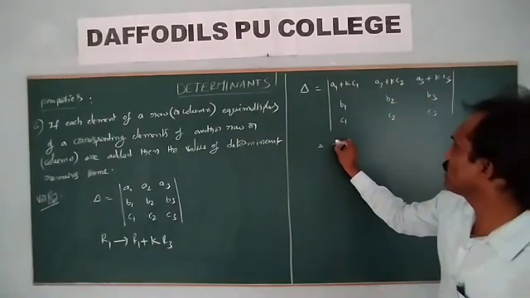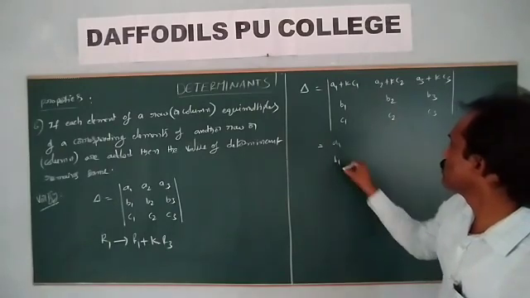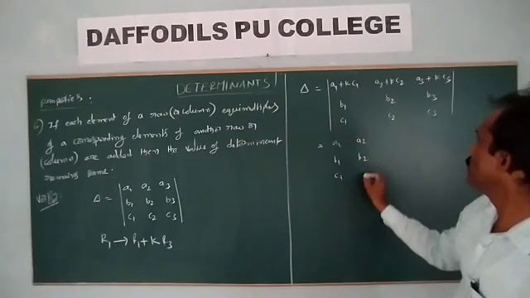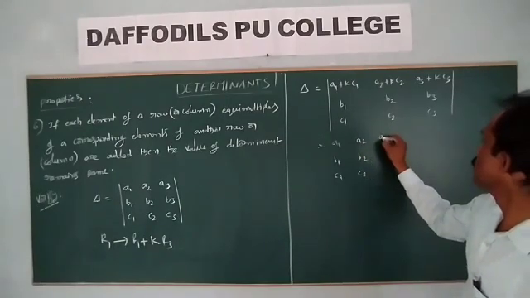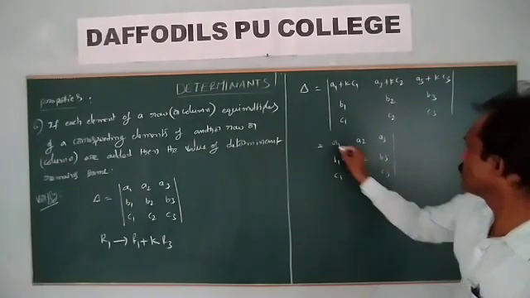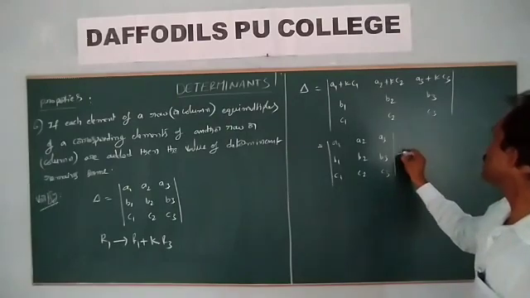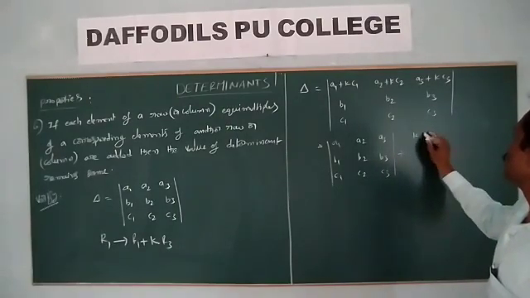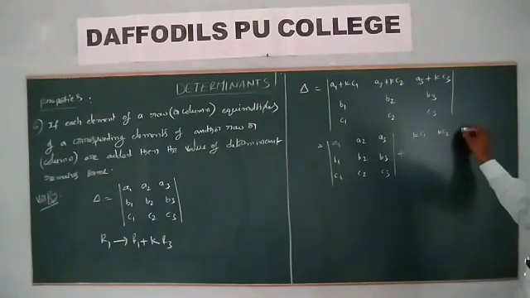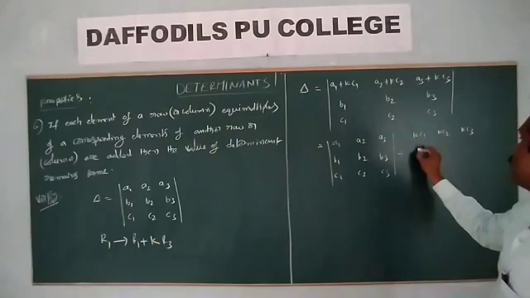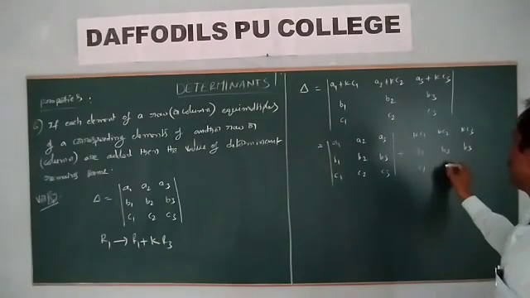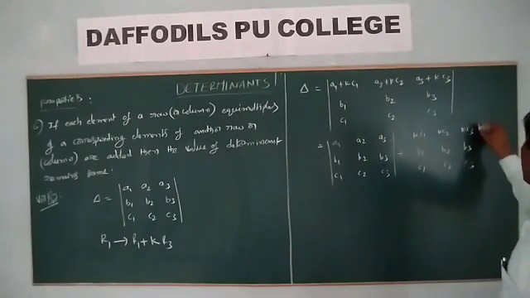Using the fifth property, you can write A1, B1, C1, A2, B2, C2, A3, B3, C3 plus K into C1, K into C2, K into C3, B1, B2, B3, C1, C2, C3.